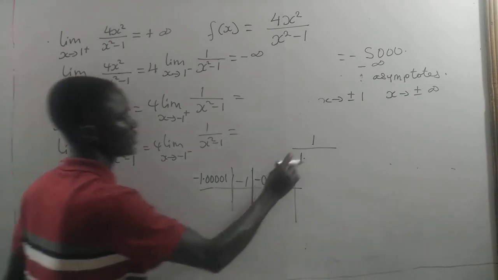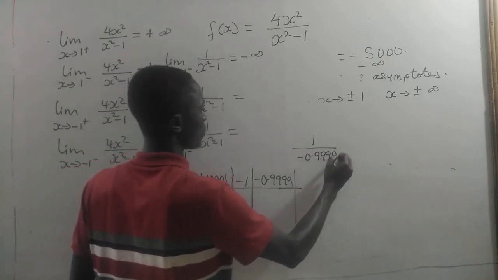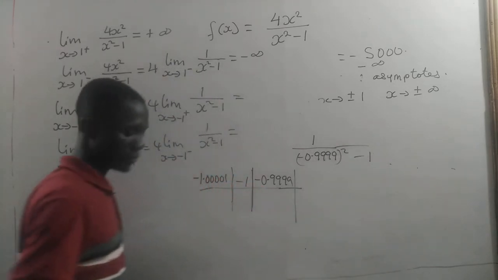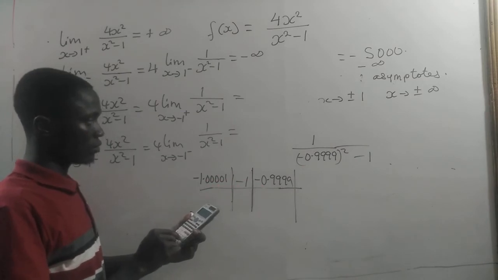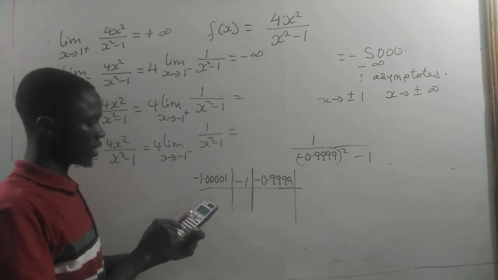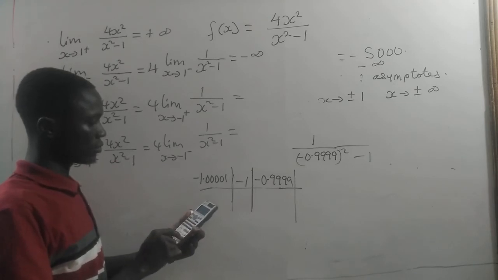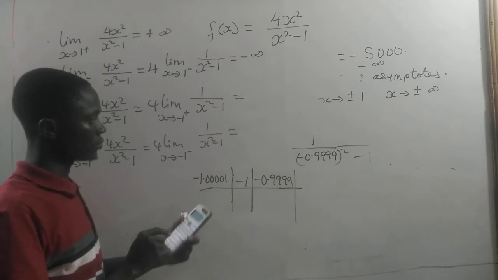So on the right side, we use -0.1234 squared minus 1. So let's take that one. 1 divided by -0.1234 squared minus 1. Wow.